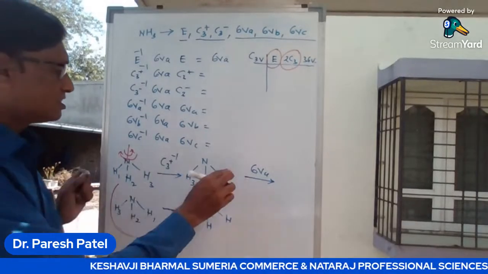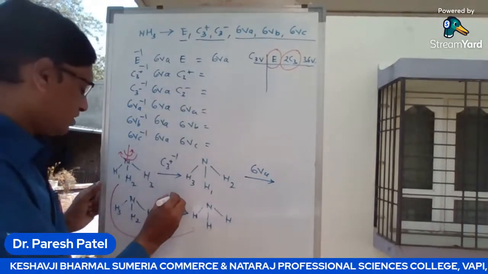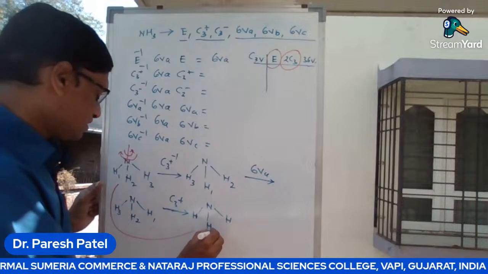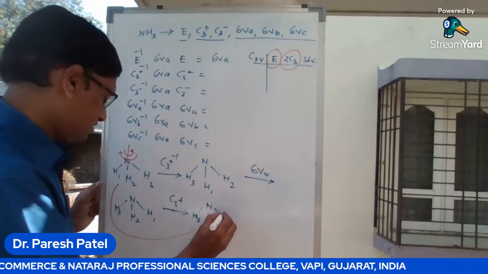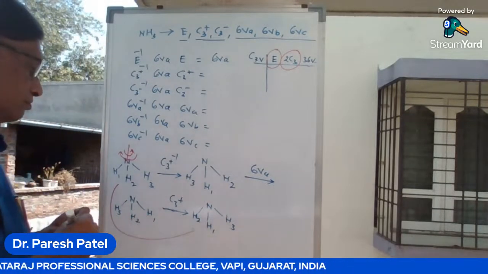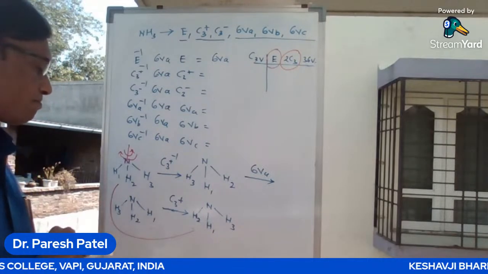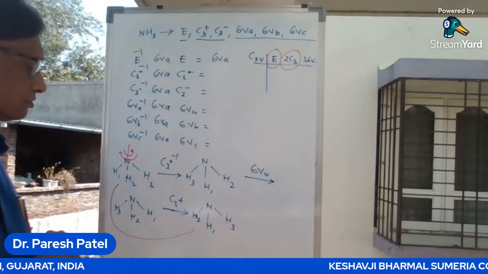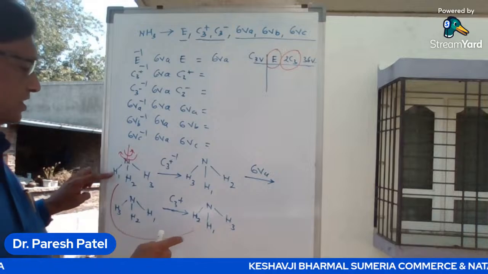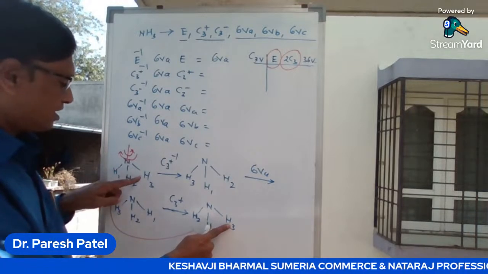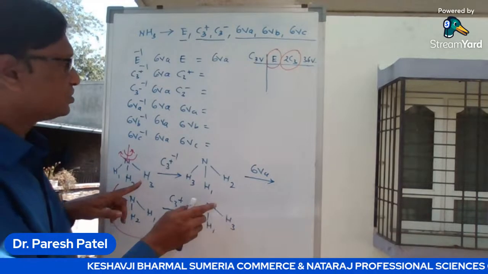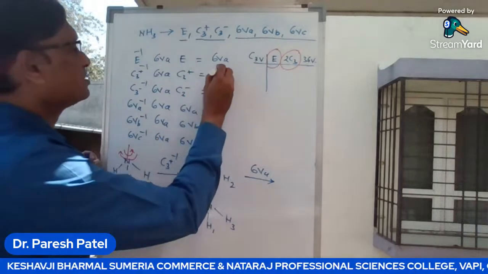Now C3 plus sigma VA, again C3 plus. C3 plus means 1, 2 and 3. So compare this and this. The position of hydrogen 3 remains unchanged, so this is nothing but sigma VC.